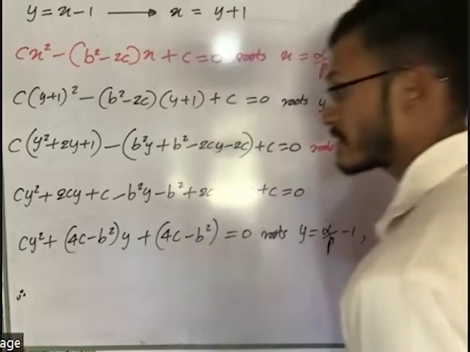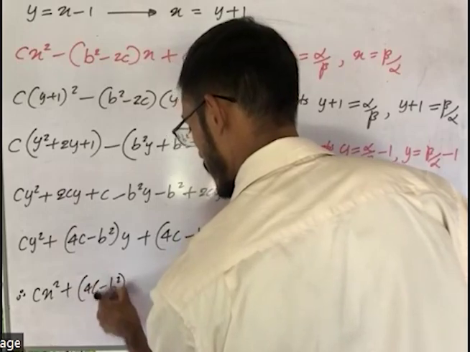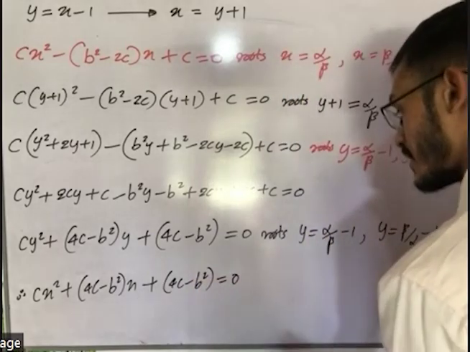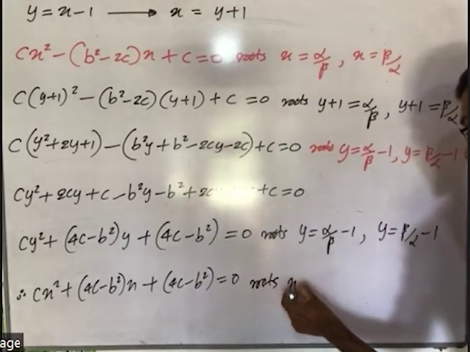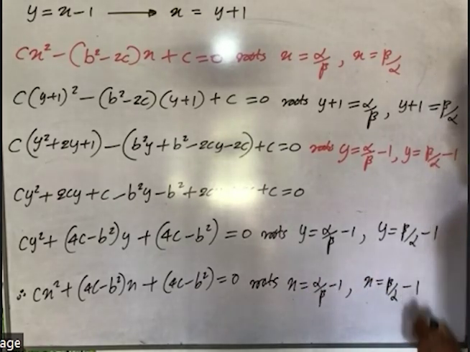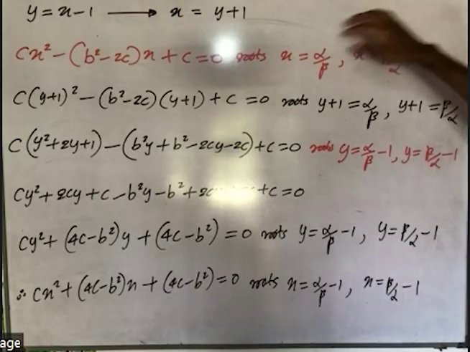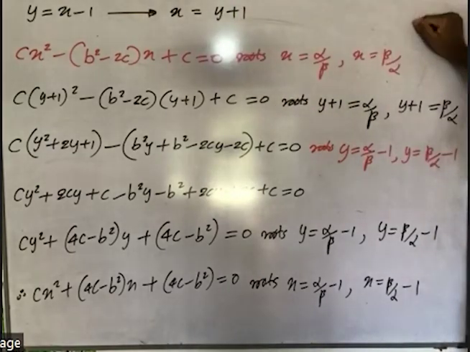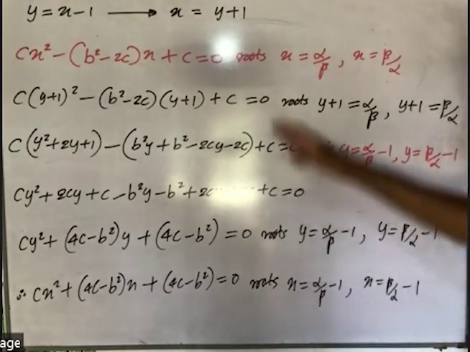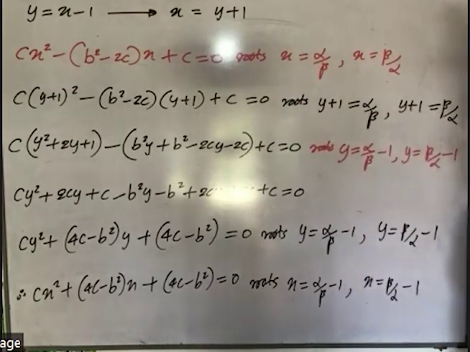Therefore, we can write down y as x, then cx square plus 4c minus b square x plus 4c minus b square equal to 0. Here roots we can write down x equal to alpha over beta minus 1, x equal to beta over alpha minus 1. Right. So that is the final answer. So first we found this equation using the step-by-step method. Then using the formula, we found the last answer by deriving the equation from this equation. Right.